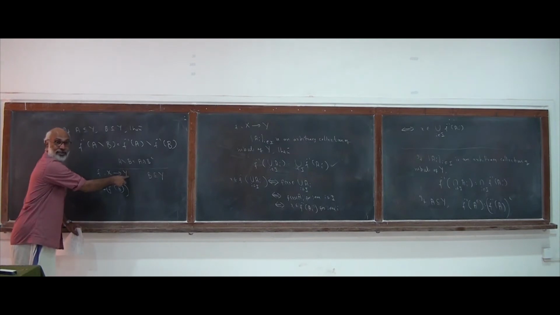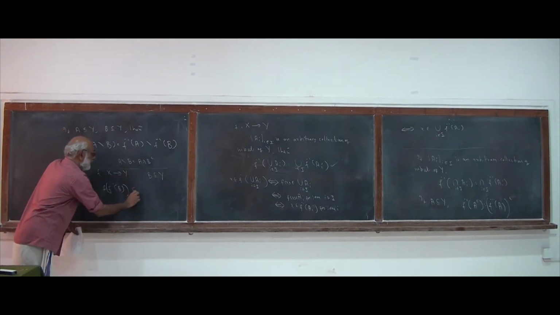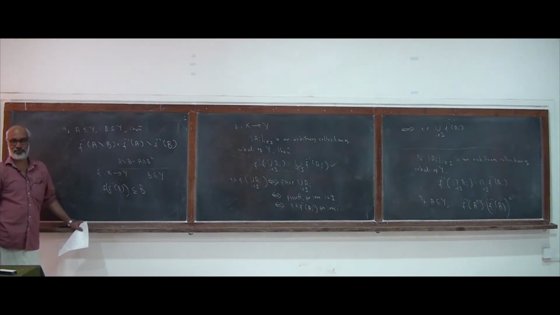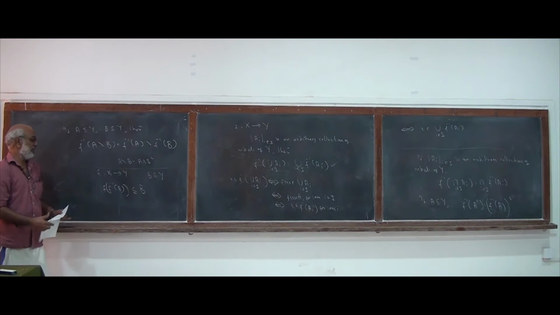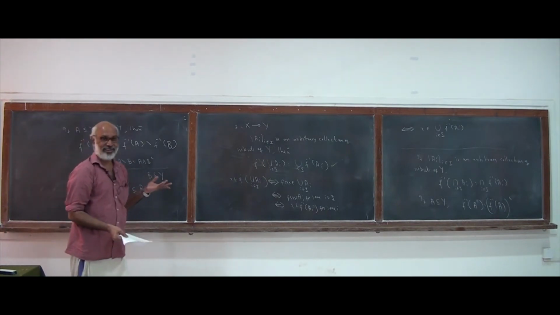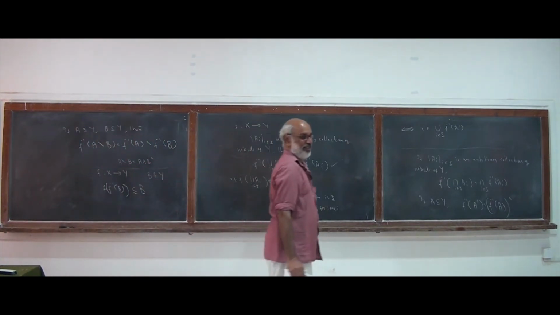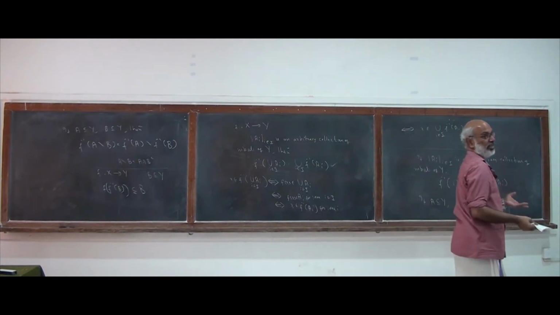That will be a subset of Y again, and we can see that this will be a subset of B. But these two sets need not be equal. You can take a function which is not onto.